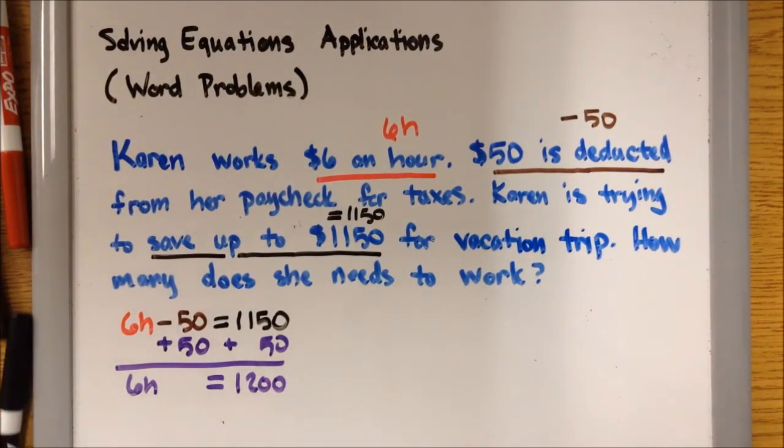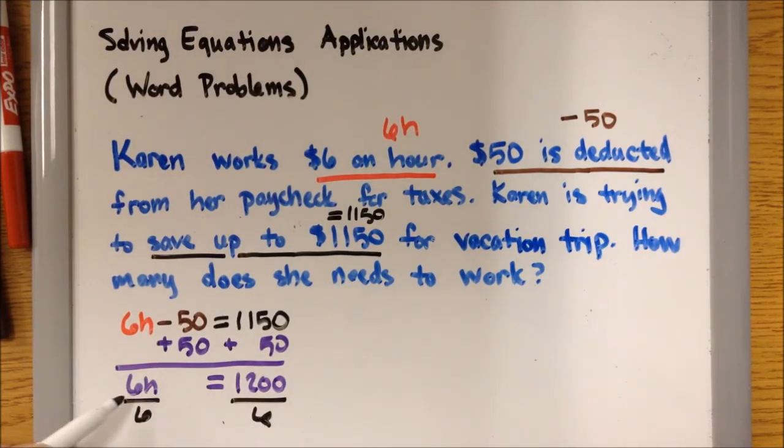Next, I want to get H by itself. Since 6 is multiplying with H, the opposite is divide. So I'm going to divide by 6, and here, divide by 6. Now, 6 divided by 6 is 1, so on the left side all I'm left with is H.